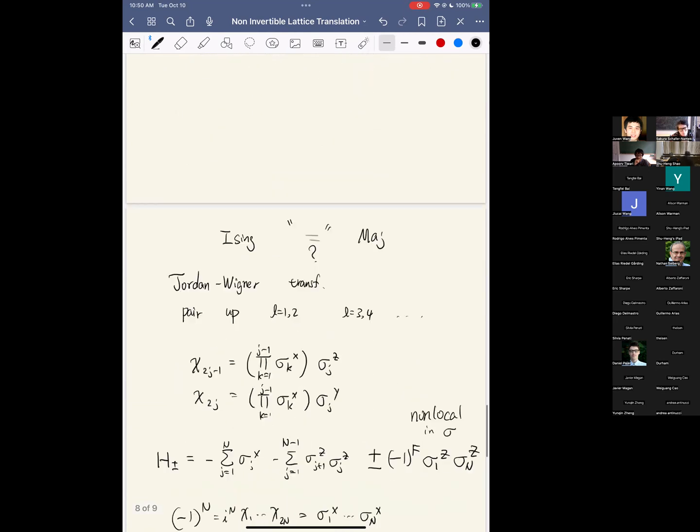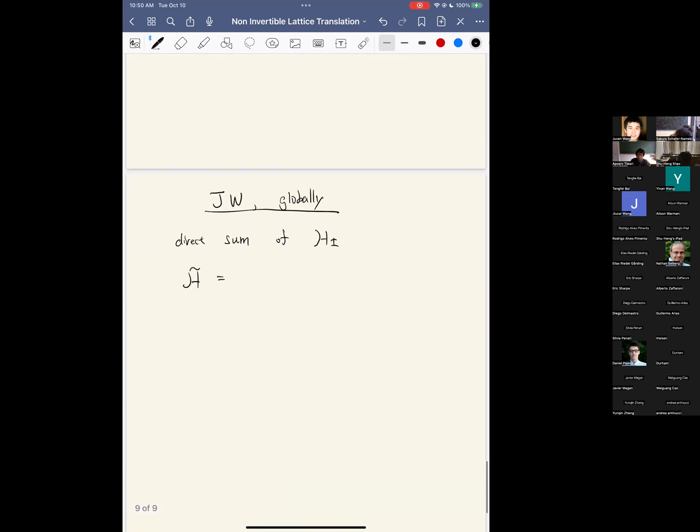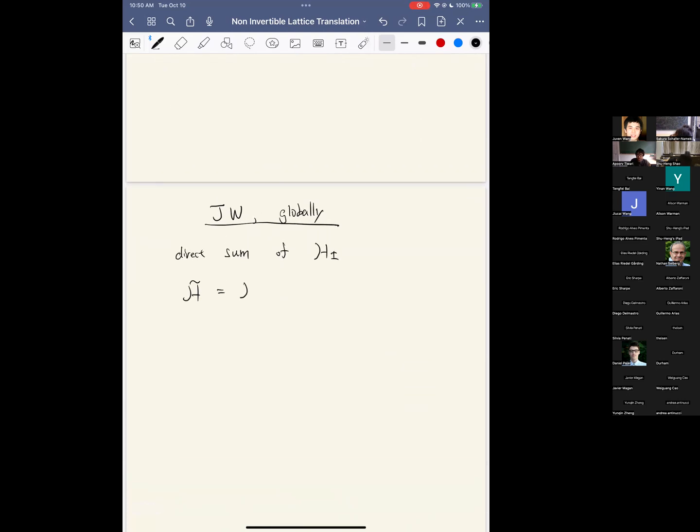So to proceed, I'm going to take the direct sum of the periodic and the anti-periodic boundary conditions. So now I have a bigger Hilbert space, which has a tilde on top of it. That's the direct sum of the anti-periodic Majorana chain with the periodic Majorana chain. So now the dimension of H tilde is 2^(n+1).